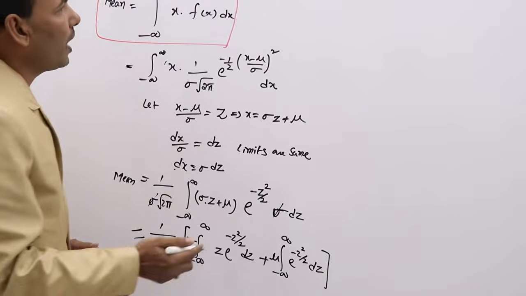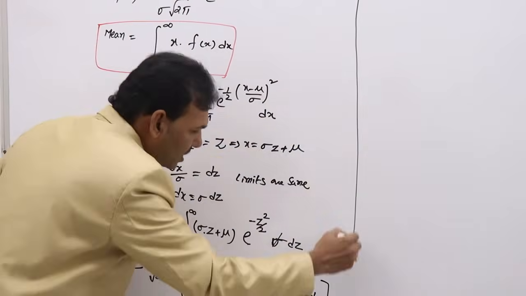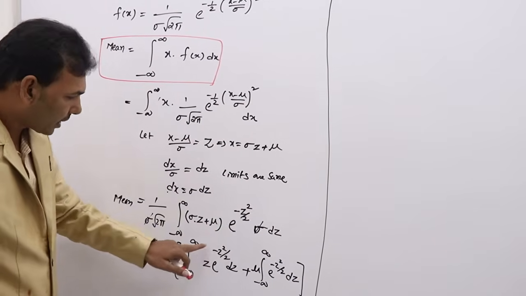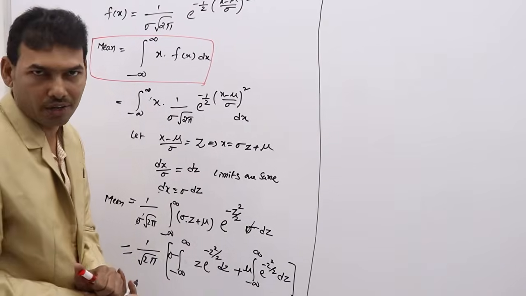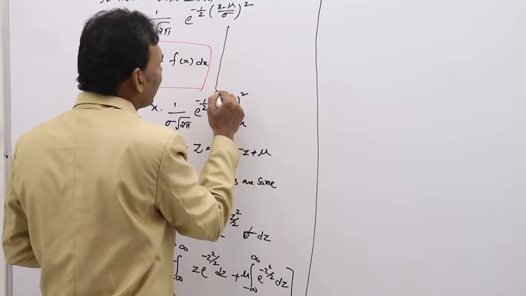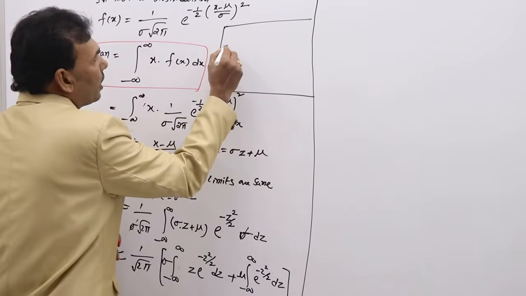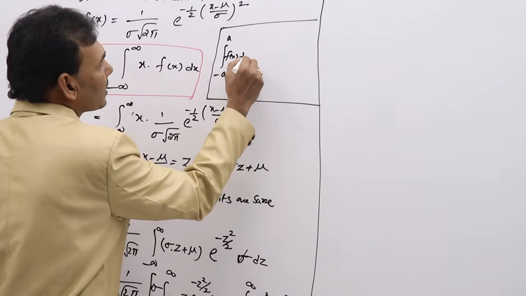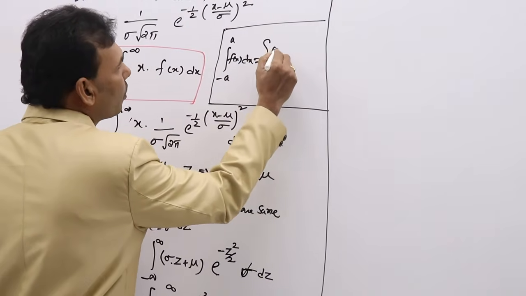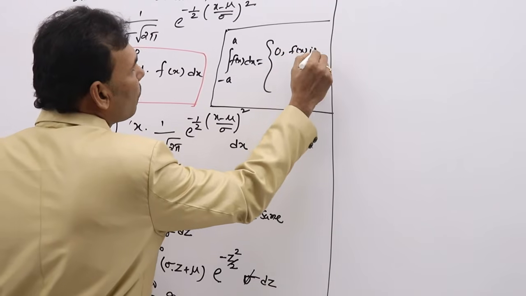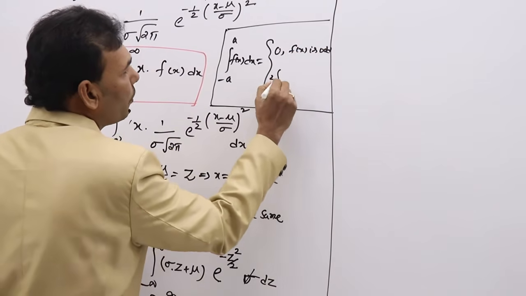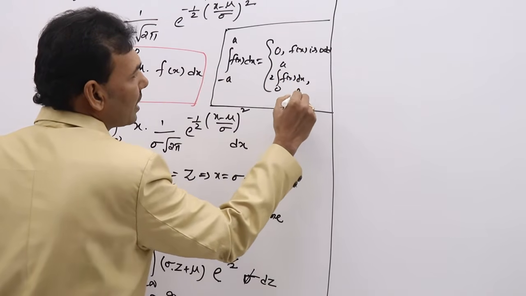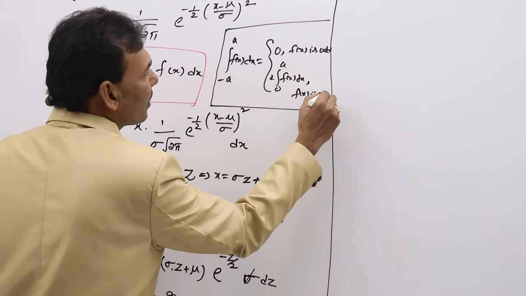Now whenever you have an integral from minus a to a, we need to check whether the integrand is even or odd to apply this formula. This is a famous integration formula we all know: integral from minus a to a of f of x dx equals 0 if f of x is an odd function, and 2 times integral from 0 to a of f of x dx if f of x is an even function.